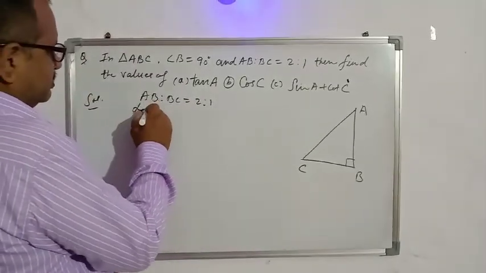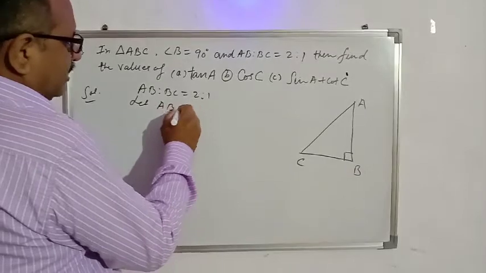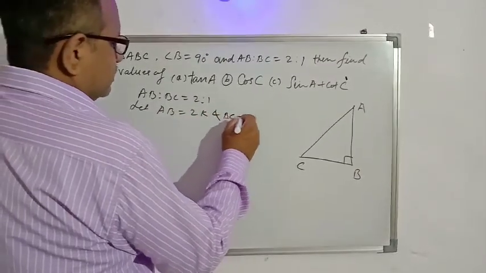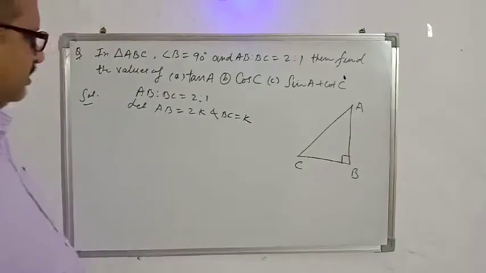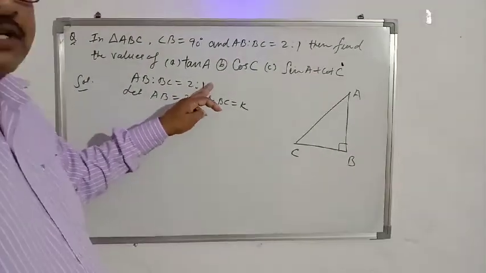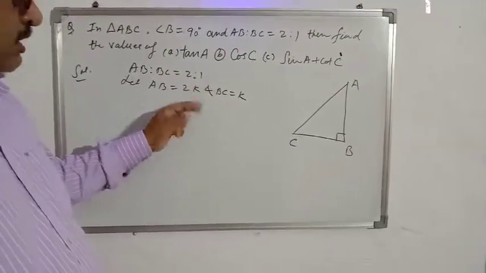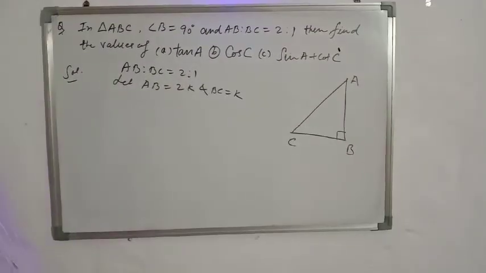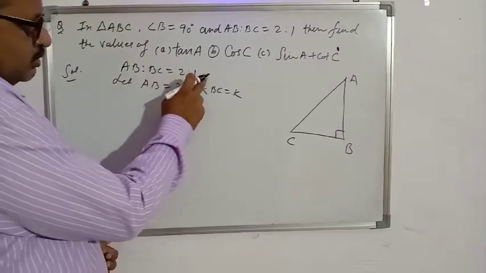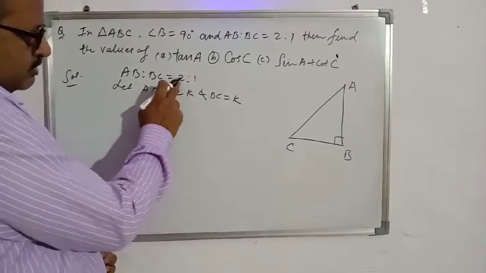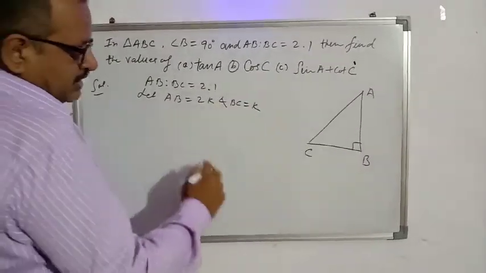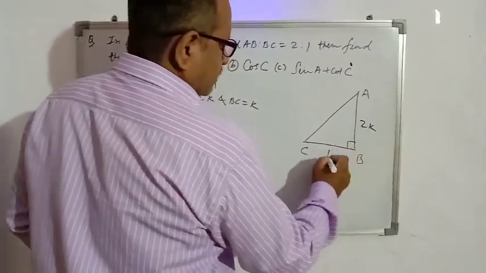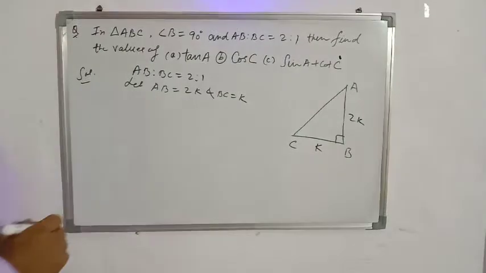So we can suppose let AB is equal to 2K and BC is equal to K. In this ratio, we will multiply by a constant K to suppose the actual value of AB and BC. So AB is equal to 2K and BC is equal to 1K.